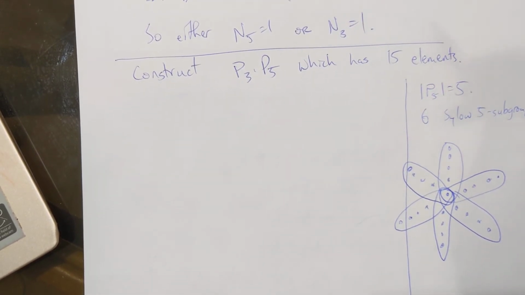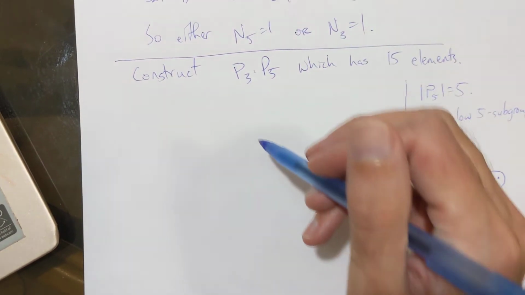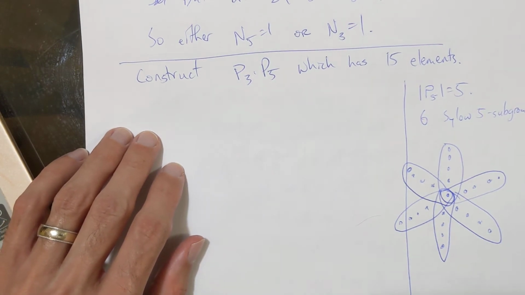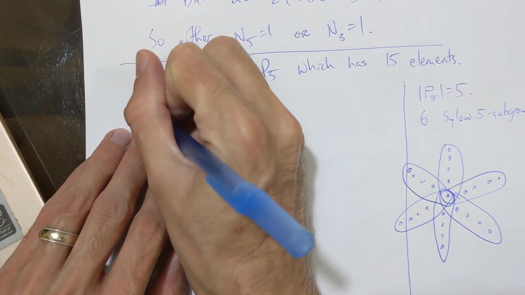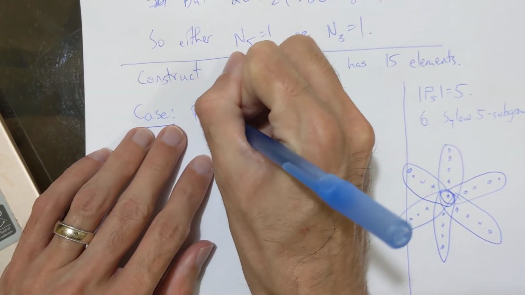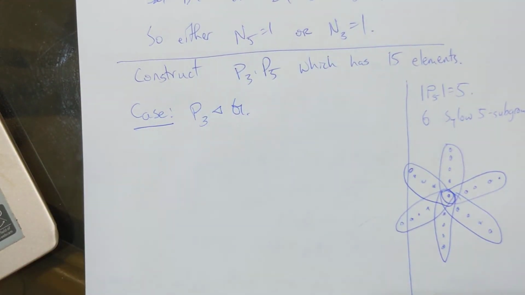Both of those things can't be true. So now we're in this situation where either P3 or P5 is normal. We can say one case would be that P3 is normal in G.